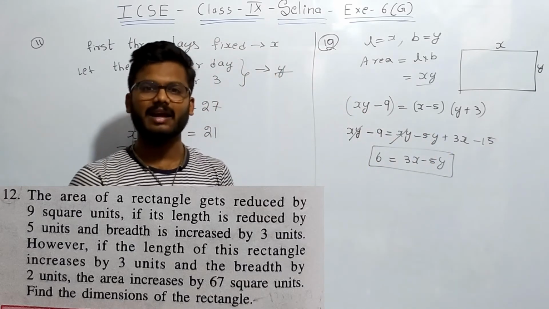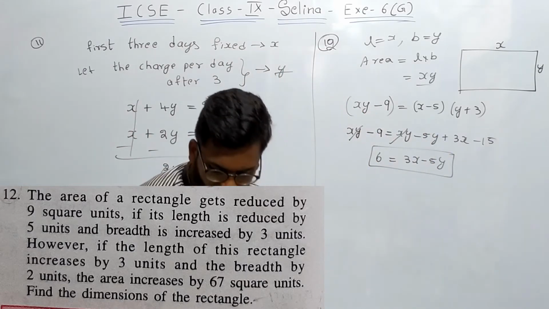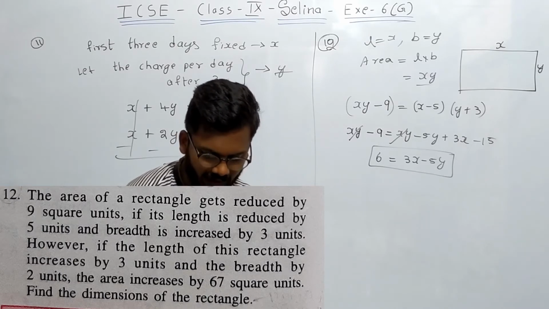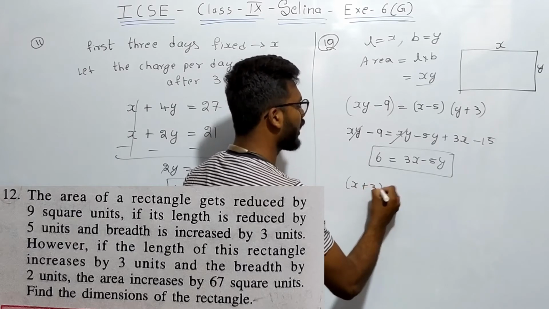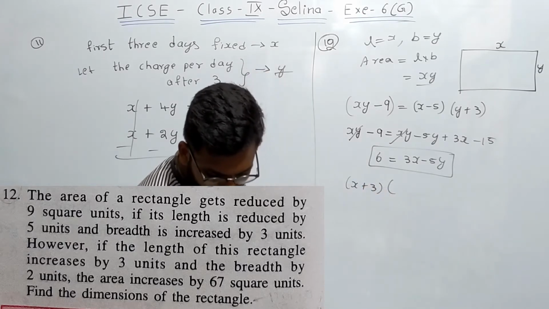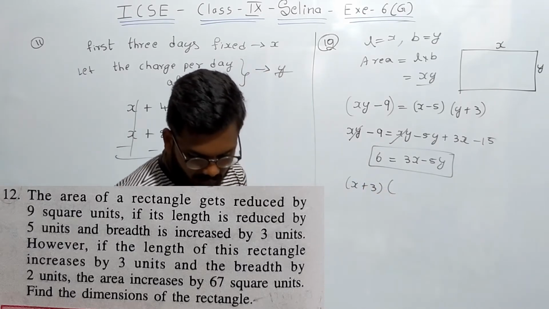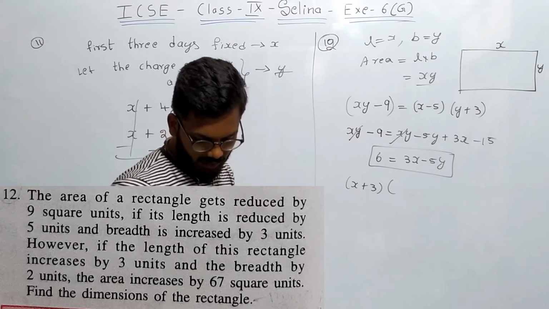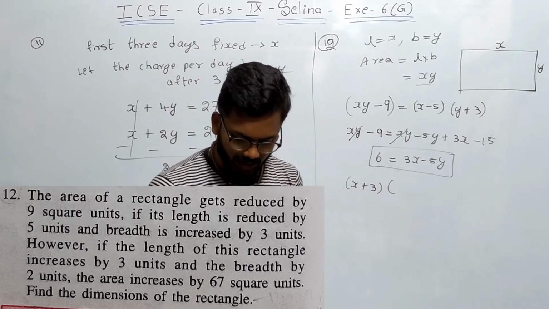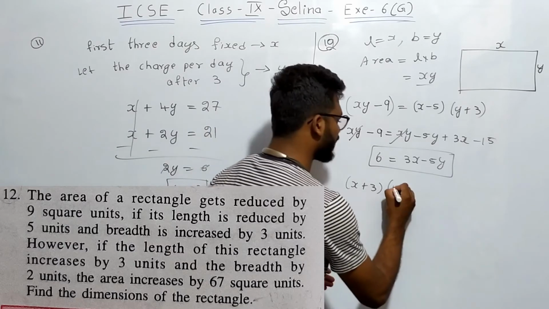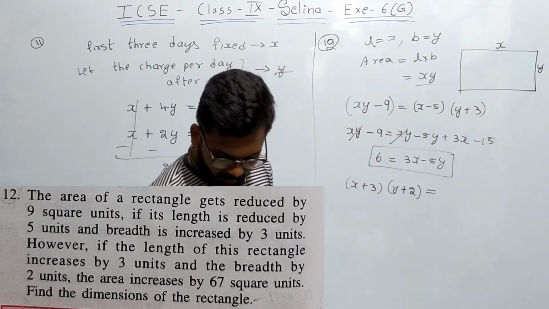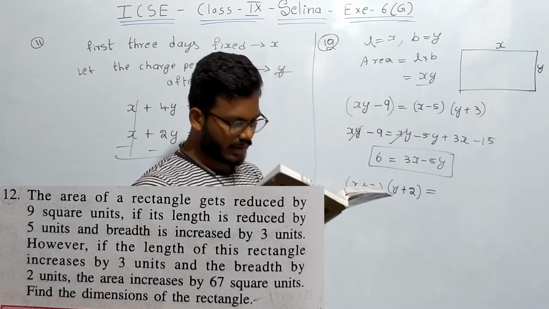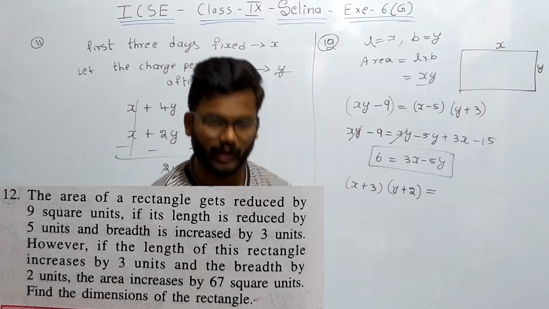In the same way, second condition, what are they saying? If the length of this rectangle is increased by 3, that means x plus 3, and breadth also increased by 2 units, so y plus 2. Then the area increased by 67 square units.